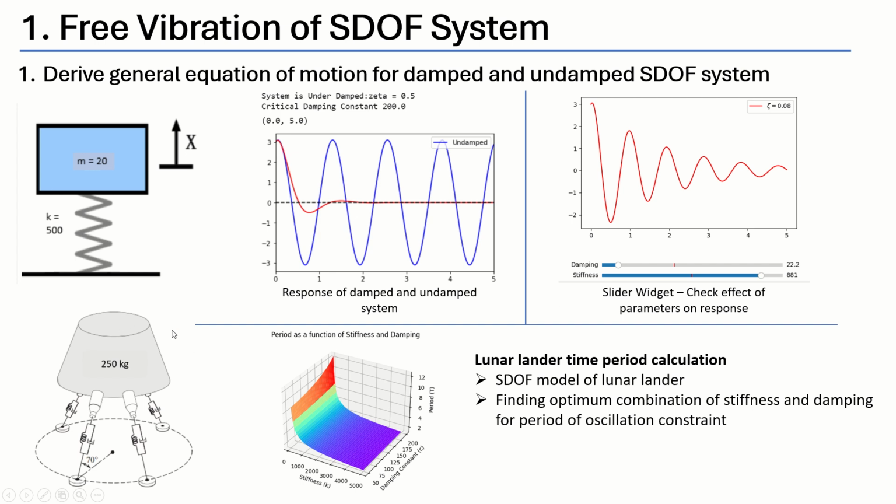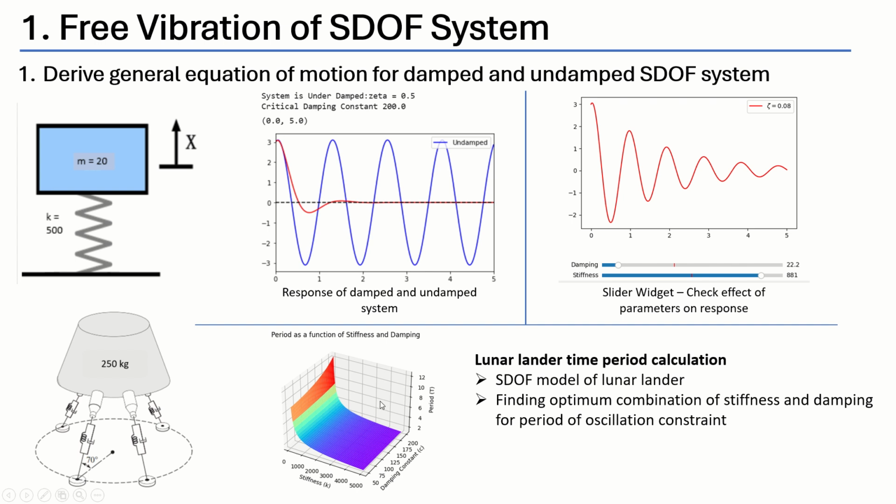Also, we'll study one interesting case where we will do an iterative calculation through a Python program to calculate the optimum combination of stiffness and damping for this lunar lander, where we would optimize the period of vibration.